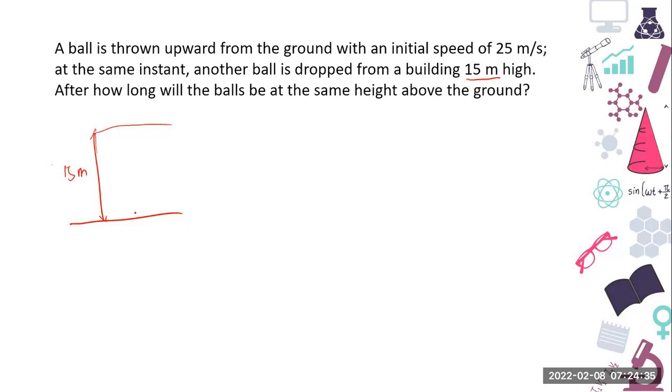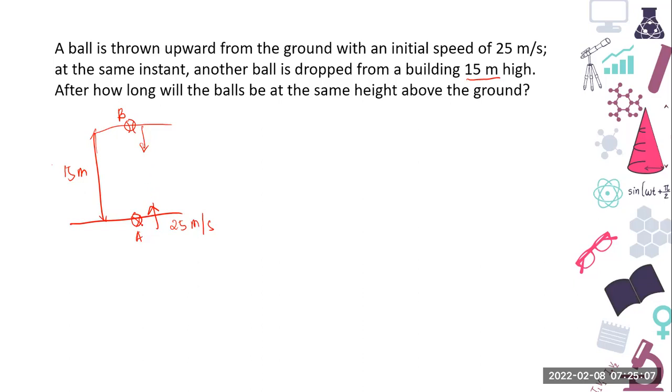So we have a ball that is being thrown upward at a speed of 25 meters per second. And another ball is dropped. It's a different ball, okay? Let's assume that this is ball A and ball B, and this is thrown down from 15 meters, and of course it goes down. We can say that they will meet.